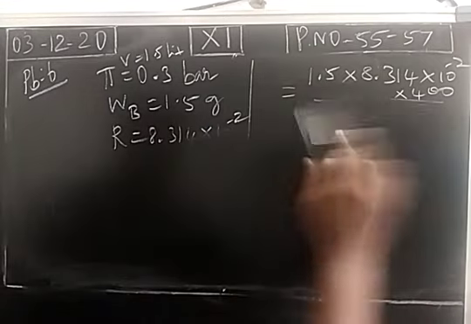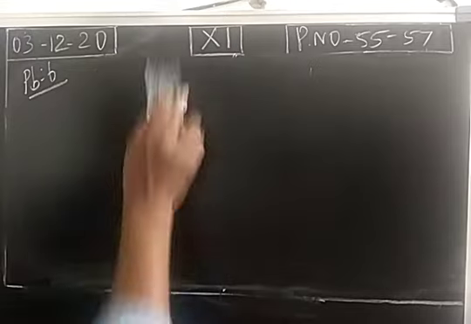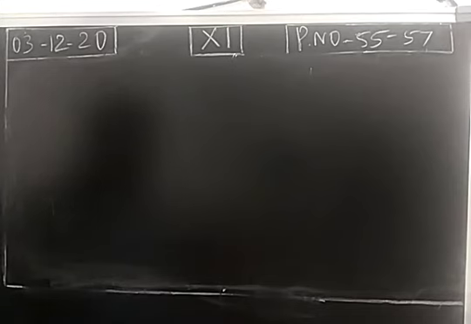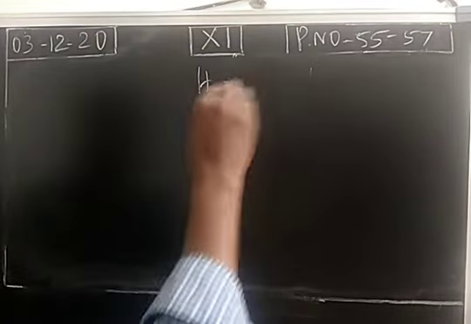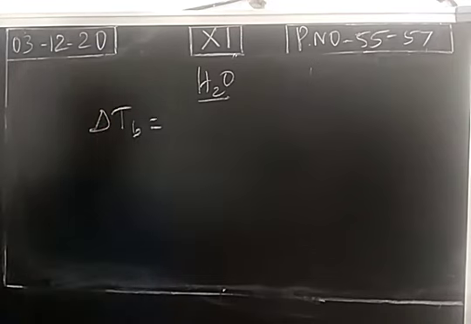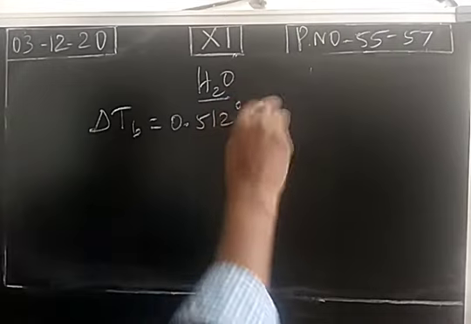Then what is the significance of osmotic pressure? The osmotic pressure value is a larger one compared with the depression in freezing point as well as the elevation of boiling point, so it can be calculated easily. We take water. For water, the elevation of boiling point value delta TB is equal to 0.512 degrees Celsius.